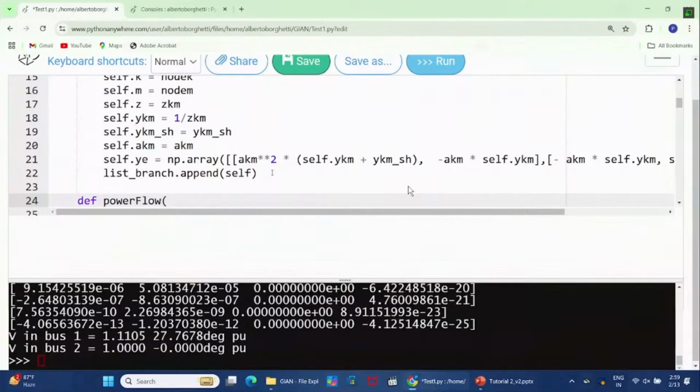For sure this needs to know the object, so self is storing the object, and then needs to know the voltage in k and the voltage in m. So the two voltages.